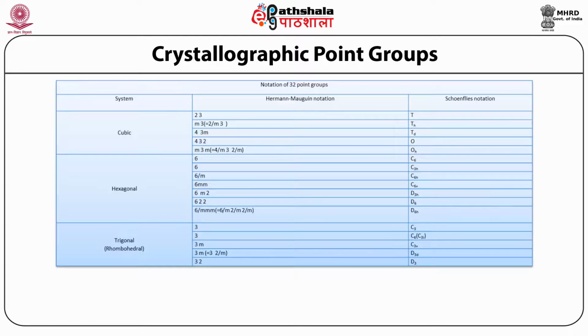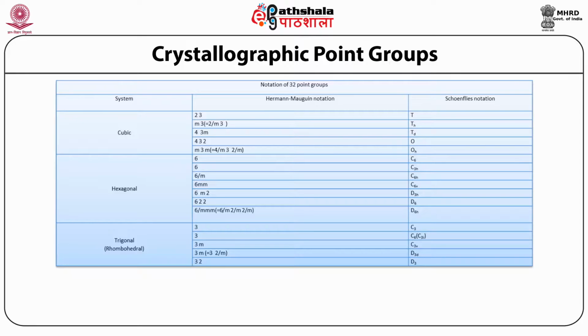For 6 bar, its corresponding Schoenflies notation is capital C subscript 3H, 6 by m, the corresponding Schoenflies notation is C subscript 6H, then 6mm, the Schoenflies notation is capital C subscript 6V, then 6 bar m2, Schoenflies notation is capital D with a subscript 3H, then 622, the Schoenflies notation is capital D with a subscript 6, then 6 by mmm in HM notation, Schoenflies notation is capital D with a subscript 6H.